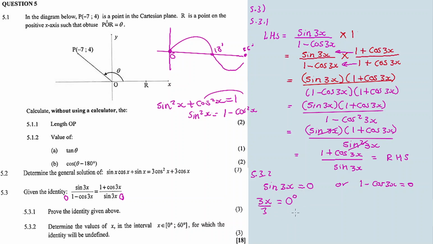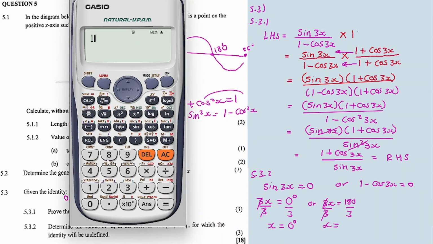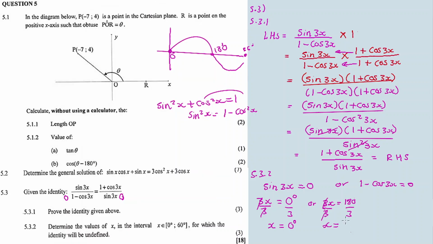So divide both sides by 3, cancel 3, x is equal to 0 degrees, or 3x is equal to 180 degrees. 3 divided by 3, x is equal to what? 180 divided by 3 is 60 degrees.